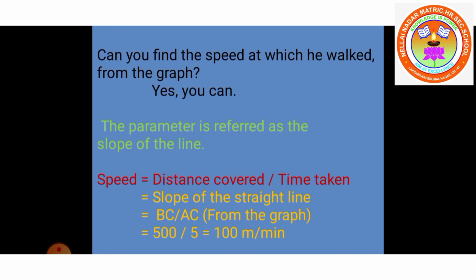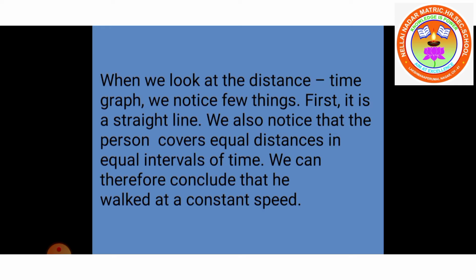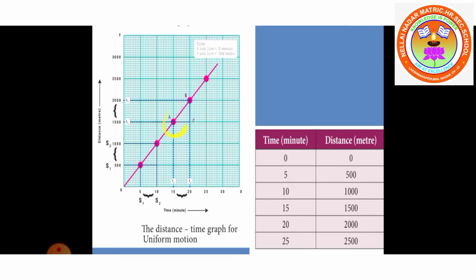So we are calculating BC divided by AC from the graph. In this slope we noted A, B, C, and we can take the values of BC divided by AC.